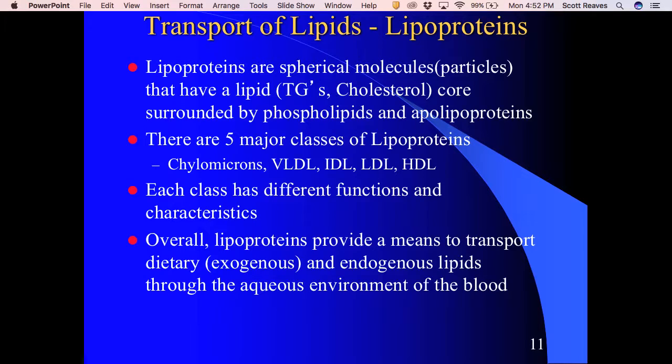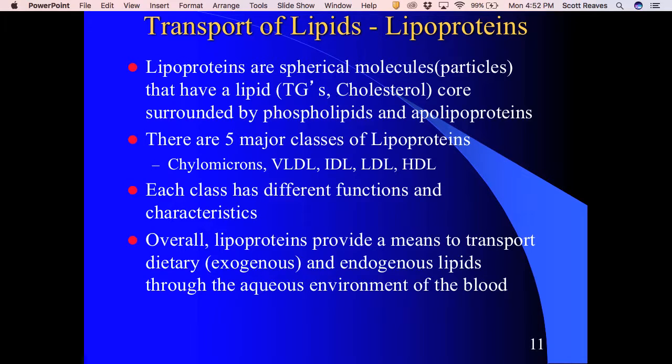You pull that off, change your gradient, spin again. What comes off next? IDL, except there's so little IDL, you generally do LDL next. Your last spin, you spin down for your HDL. And HDL is high density lipoproteins.